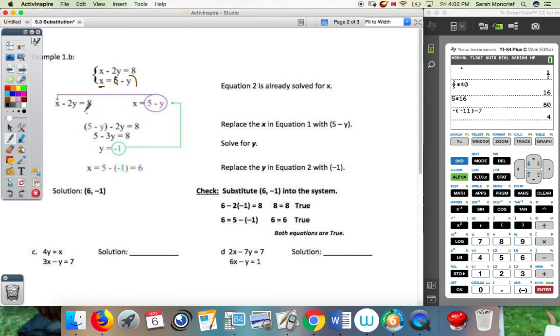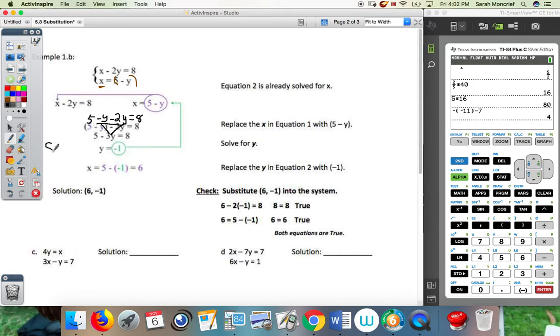We need to drop the parentheses so we can combine like terms. Is there any like terms we can combine? Yes, we have negative y and negative 2y, which gets me negative 3y. So I now have 5 minus 3y is equal to 8.